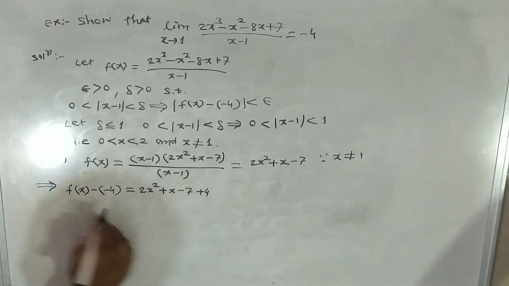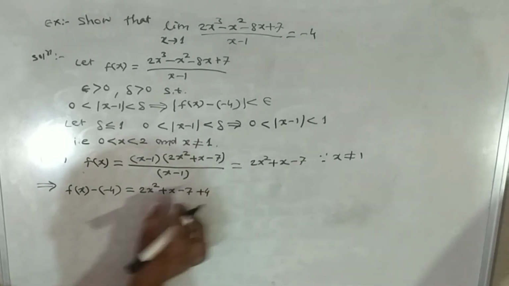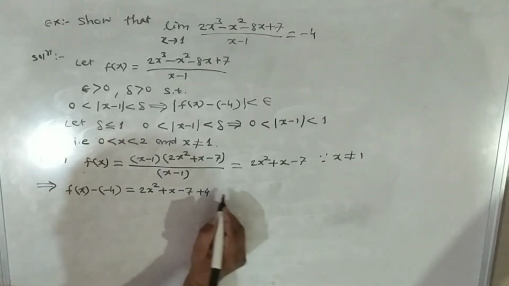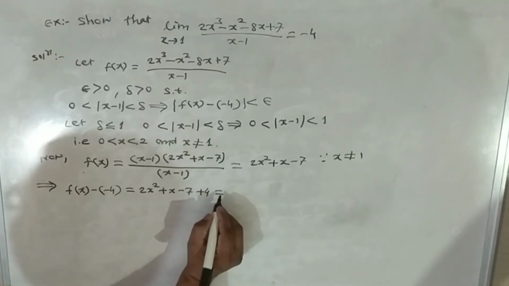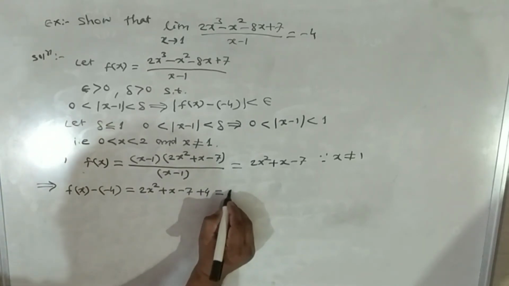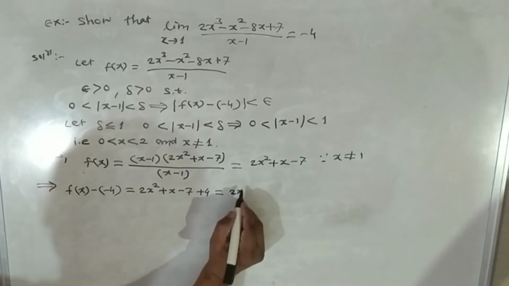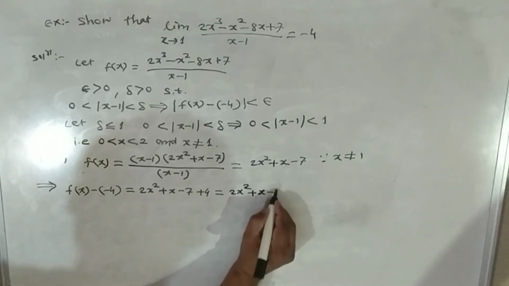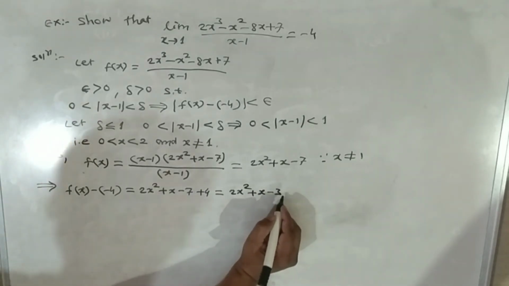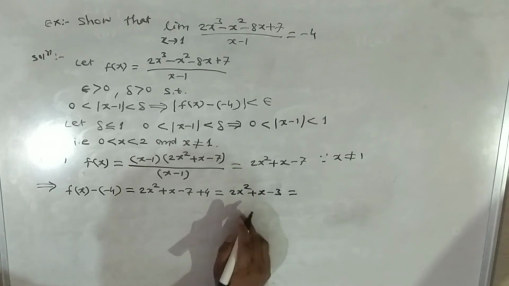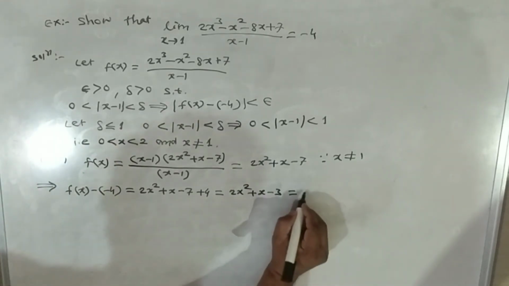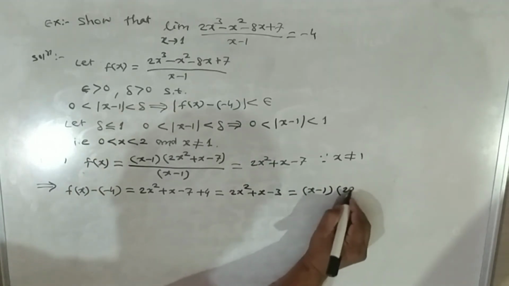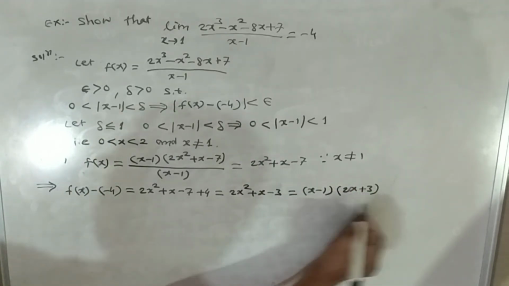So in place of f of x we put this, minus plus 4. So this is equal to 2x square plus x minus 3, and the factors of 2x square plus x minus 3 are x minus 1 and 2x plus 3.